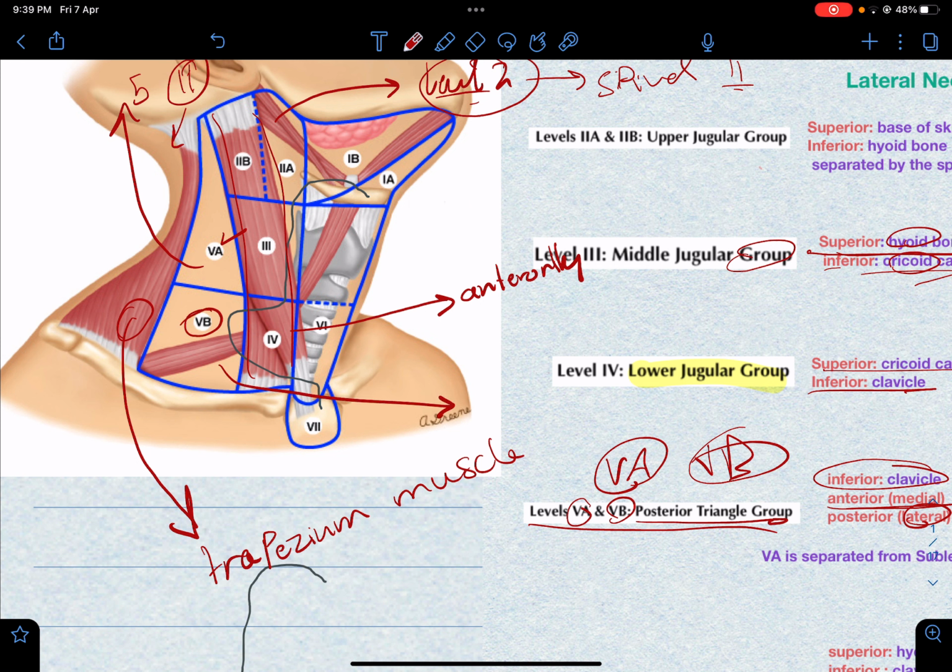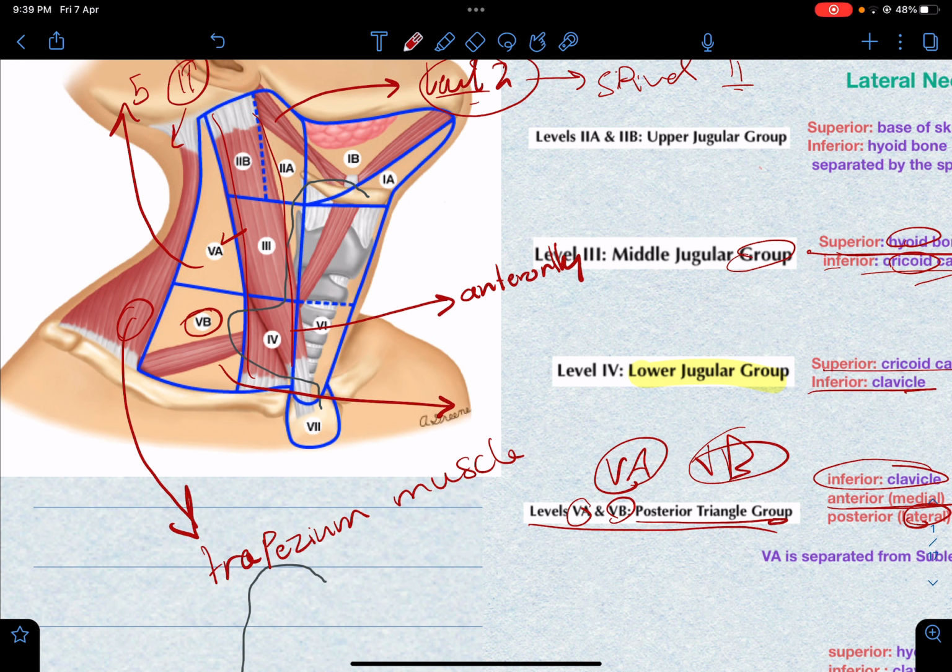The lateral boundaries are the carotid sheath, or common carotid artery, here and there. Alright, so superiorly the hyoid bone, inferiorly the suprasternal notch, and laterally on each side the common carotid arteries, or the carotid sheath.